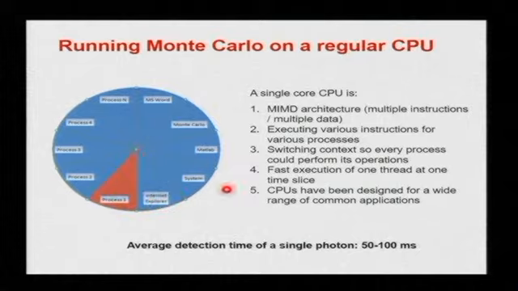So you possibly have some other processes like Internet Explorer, some other things. And you always have some reservation of time for system work. In that case, the detection of single photon packets will be in that range, about 100 milliseconds.